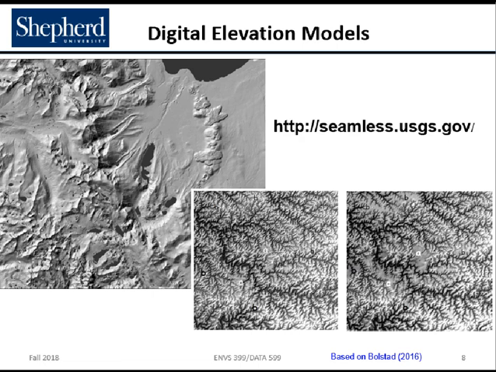Currently, the USGS delivers these DEMs as part of the National Elevation Dataset, or NED, through their portal, which is seen here on the slide. Data are available at 30-meter resolution for almost all of the United States and 10-meter resolution for the lower 48 states and Hawaii, and 3 meters for a large and expanding area of the continental United States.